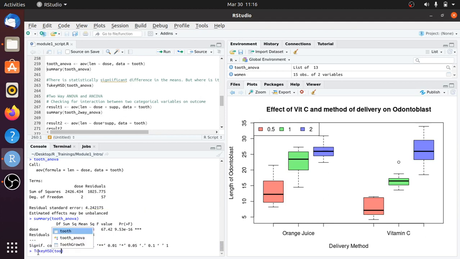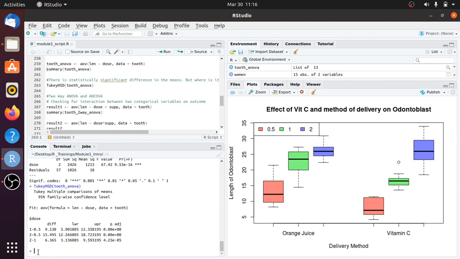When I apply it to our tooth_anova, we want to see where this difference is coming from. Enter. Look at it, it's telling us, between concentration 1 and 0.5, the lower value, the upper value, the difference, and the p value, that's the main one we're interested in, it's 0.00.